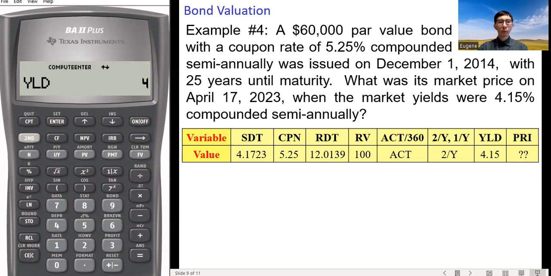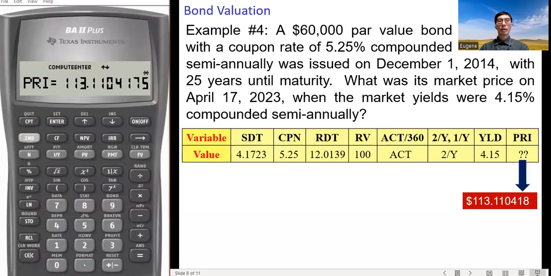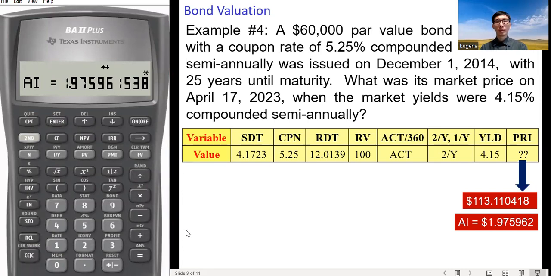YLD 4.15. And then we can get the value for PRI by pressing the CPT button. PRI equals 113.11. And then we get AI different from 0, 1.9759.